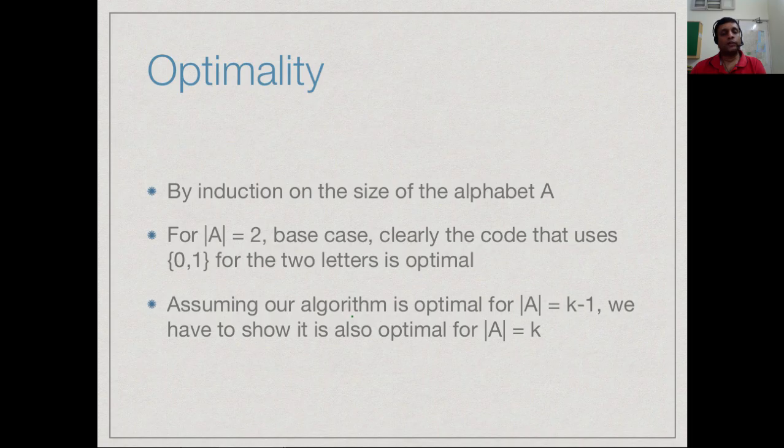So to show that this algorithm is optimal, we'll go by induction on the size of the alphabet. Now clearly when I have only two letters, I can't do any better than assign one of them 0 and one of them 1. So the base case is optimal. So we will assume that this is optimal for k minus 1 letters and now show that it's also optimal for k letters.